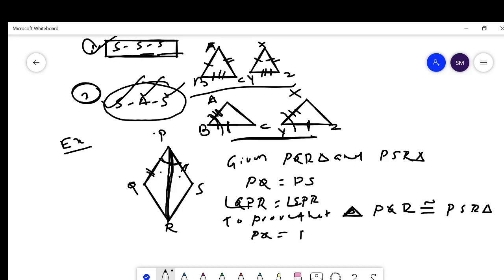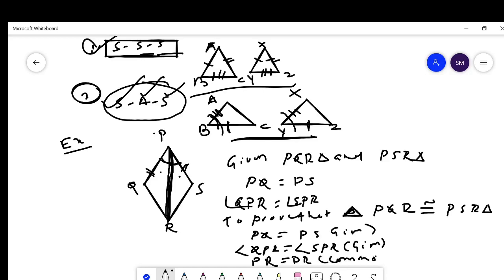PQ is equal to PS, given. Angle QPR is equal to angle SPR, given. Then PR is the common side, PR is equal to PR.